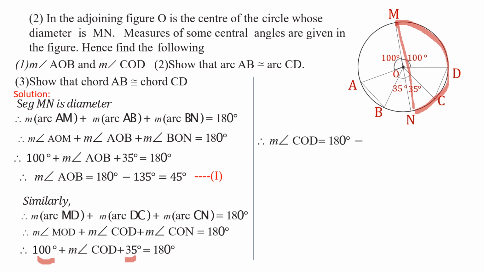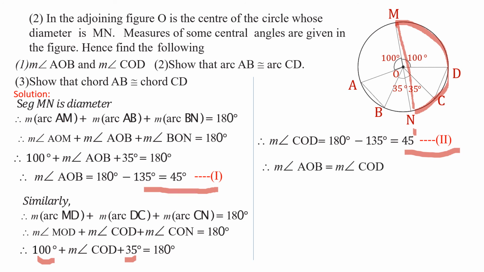Therefore angle COD is equal to 180 minus 135 is equal to 45 degrees. This is statement number 2. From statements 1 and 2, we write down angle AOB is equal to angle COD.